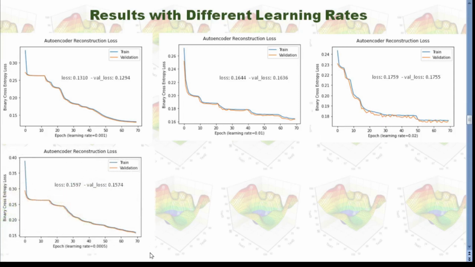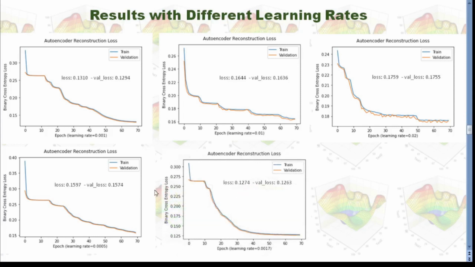And if we have very small learning rate, as I showed you with my Python code, the loss function will have value about 0.16. So this is not as good as when our learning rate is 0.001.